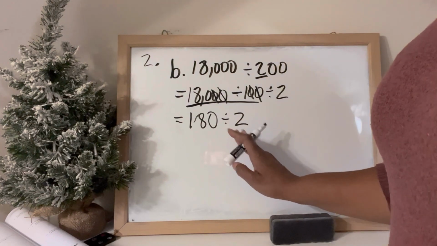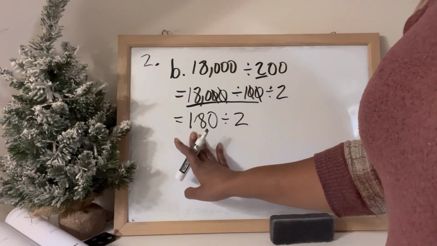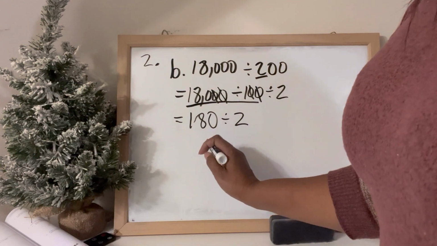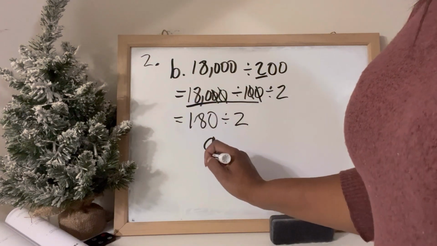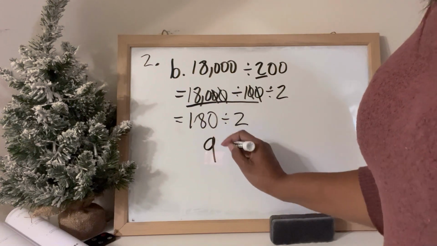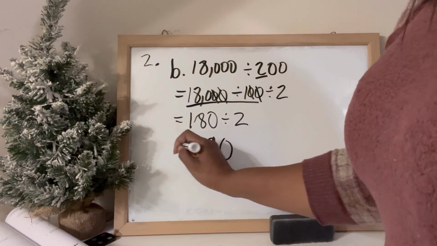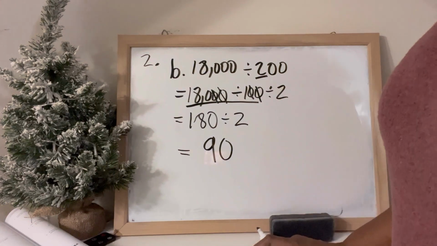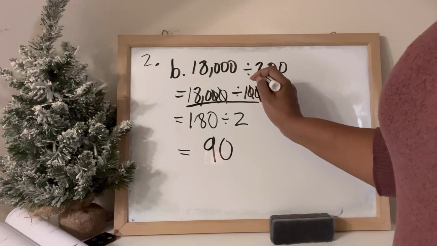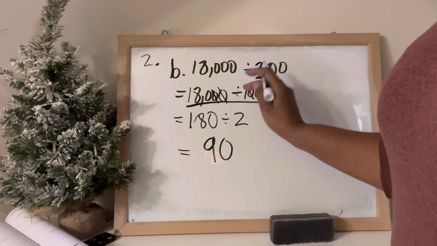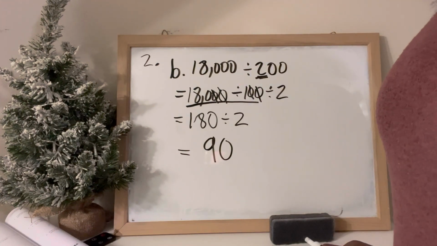What number times 2 equals 18? Then they should arrive at 9 times 2 equals 18. And then the 0 that did not get canceled out, you bring it here. So when students get to number 2, they're going to have to do this extra step because the divisor doesn't start with a 1 anymore.